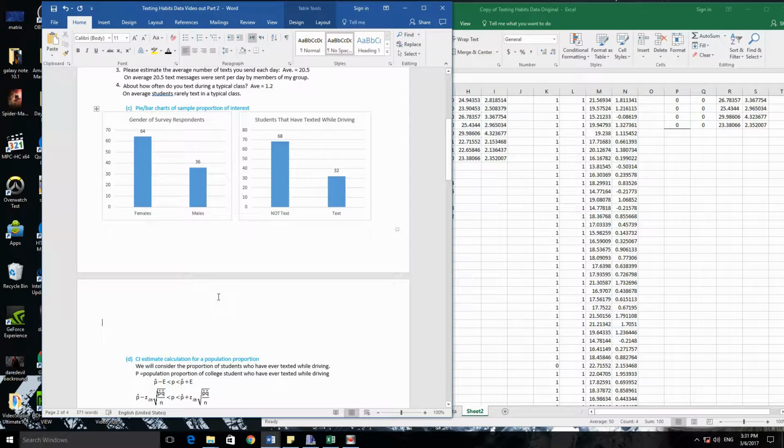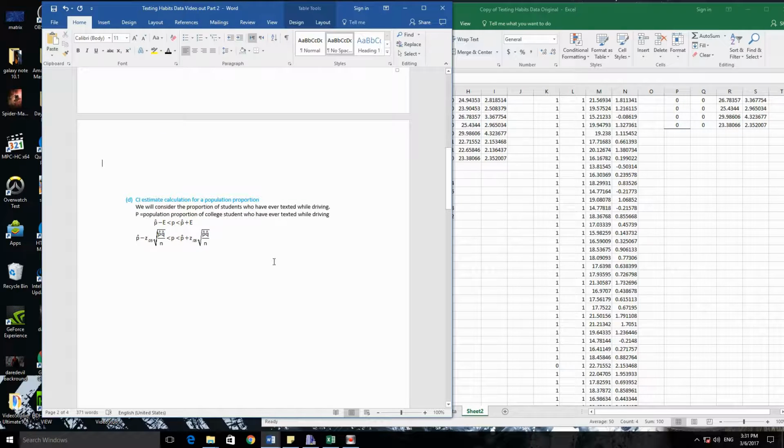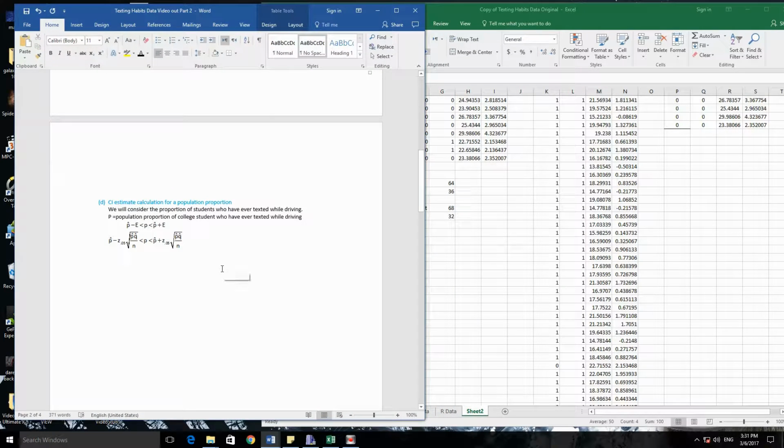I want to work on the confidence interval calculation for the population proportion. That's the next thing you want to do here. You need to define what the proportion is that you're going to give a confidence interval for. I identified the population I'm working with as the population proportion of college students who have ever texted while driving.